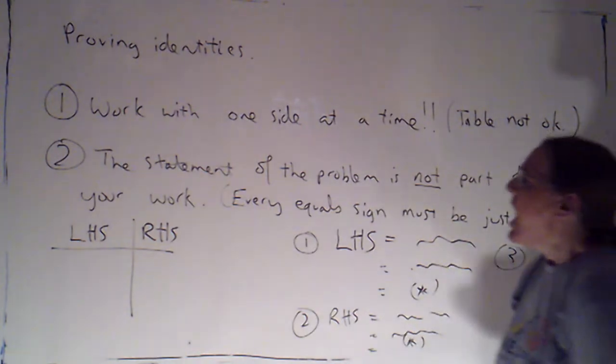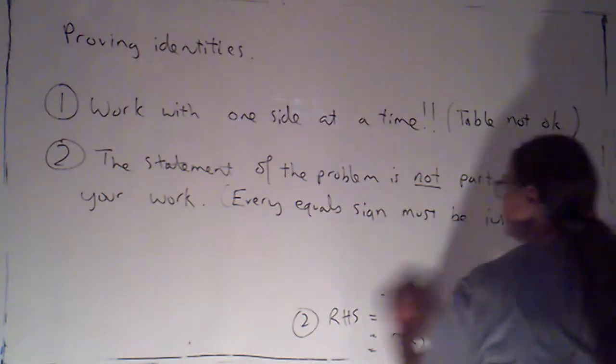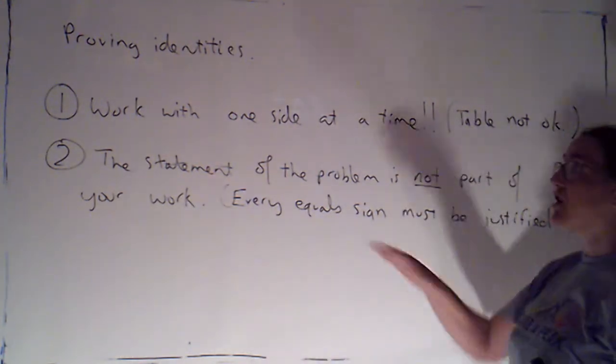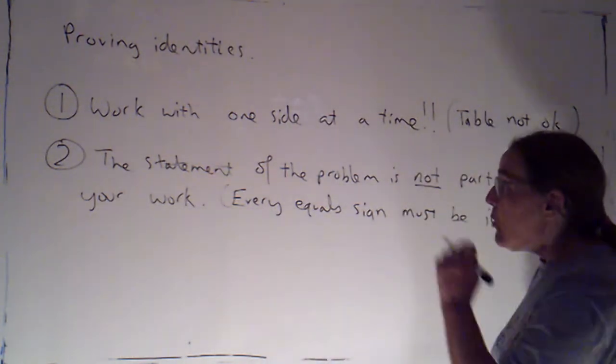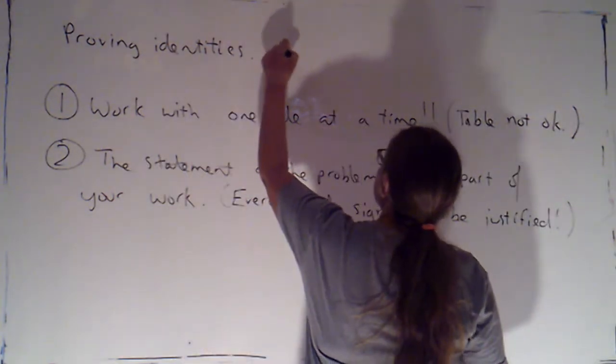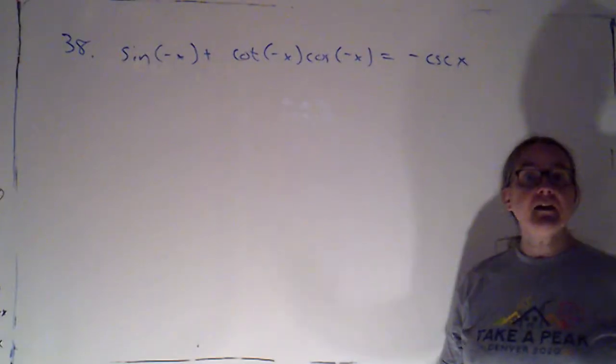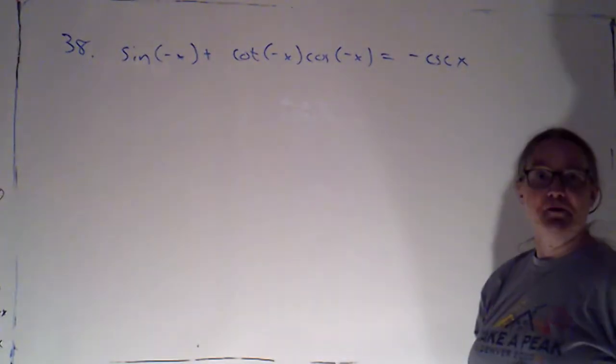Okay. All right. And then the second rule is that the statement of the problem is not actually part of your work. Okay. We're about to do problem number 38 from your text. Okay. By the magic of video editing, question 38 has appeared on the board.